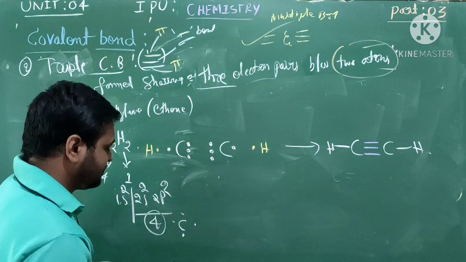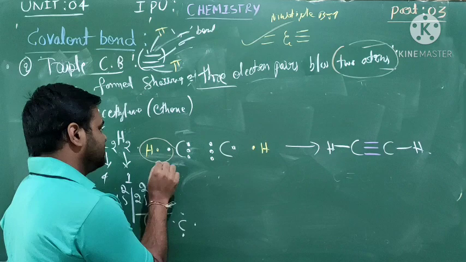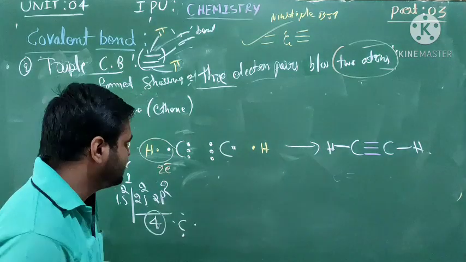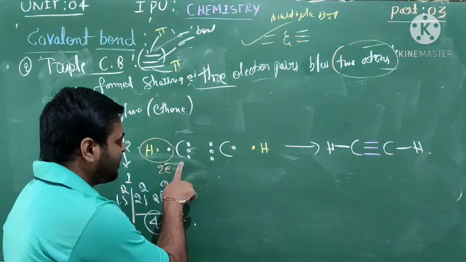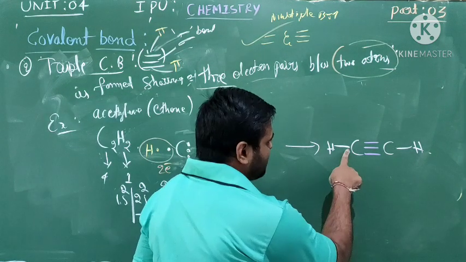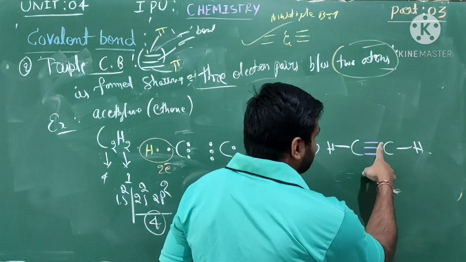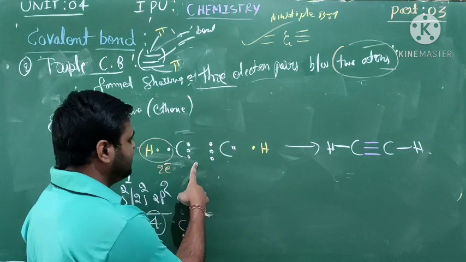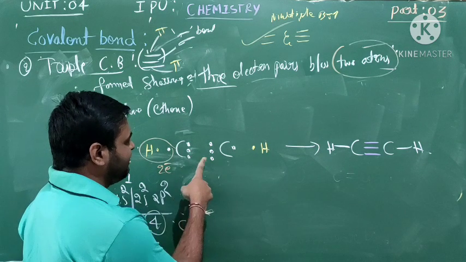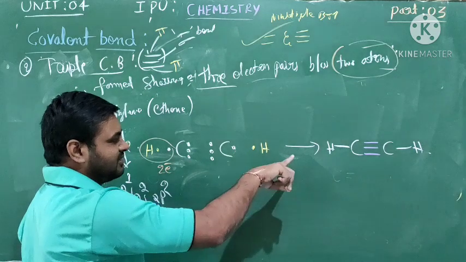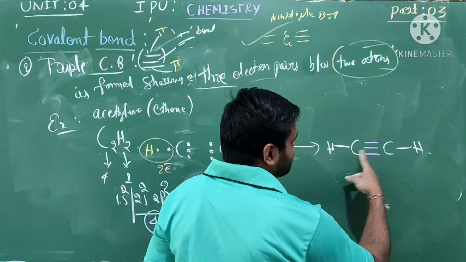Just see here, hydrogen is given 2 electrons. After bond formation, we get the octet. One bond is considered 2 electrons: 1, 2, 3, 4, 5, 6, 7, 8. Here the carbon atom has 1, 2, 3, 4, 5, 6, 7, 8. Do not consider this one, since the carbon is attached to the nearest atoms.